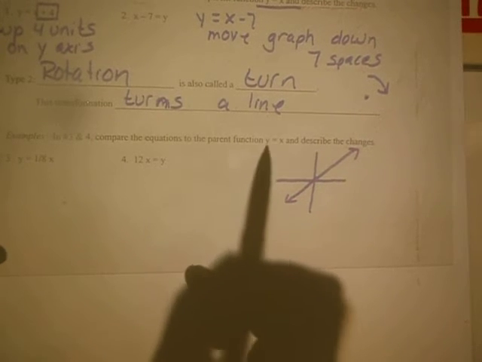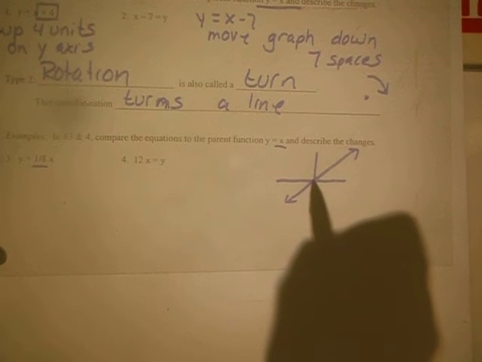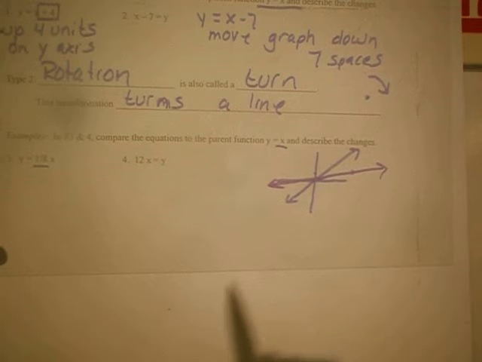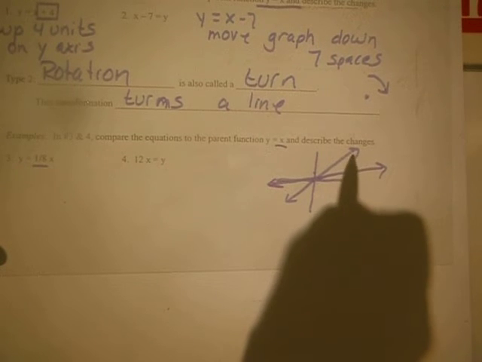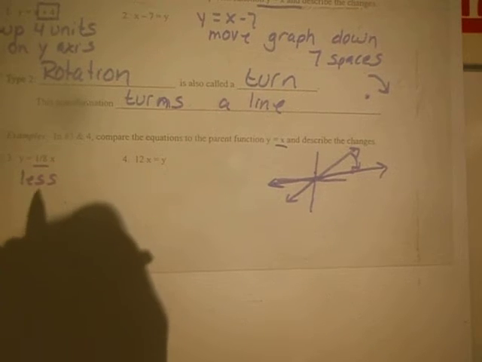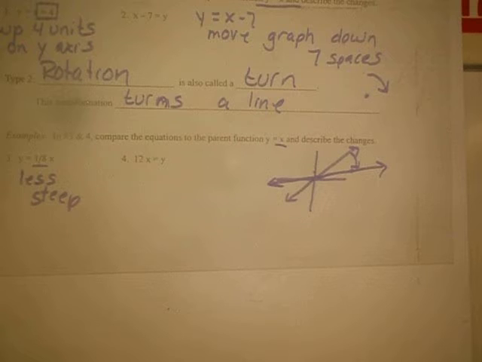And if we changed that x to 1/8 x, our slope is 1/8. That means we would go up 1 and 8 to the right. That would be our new line. You'll notice that line turned and it became less steep. So as the number gets smaller, it becomes less steep.